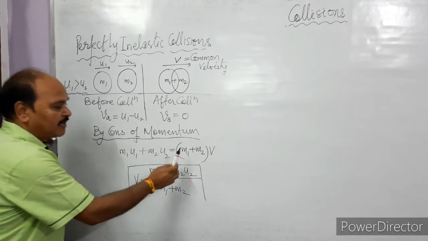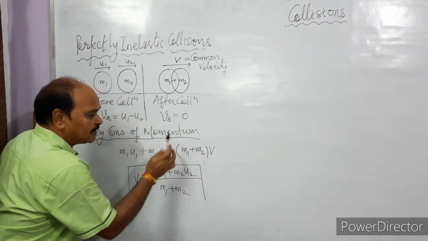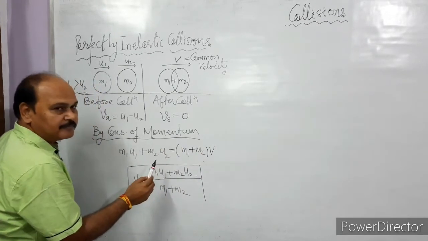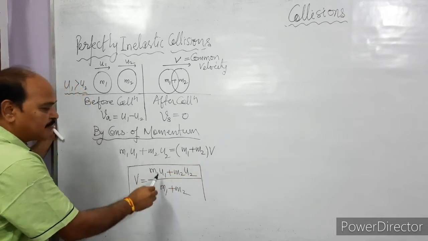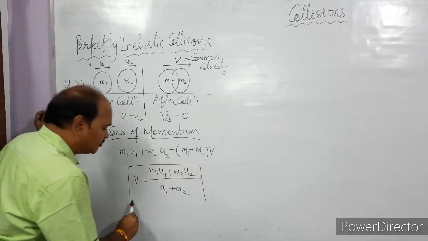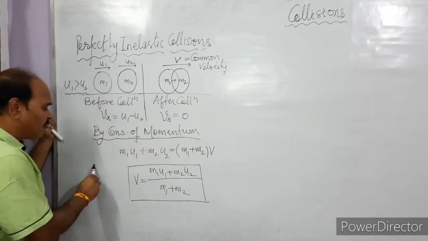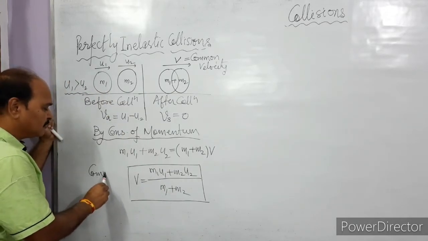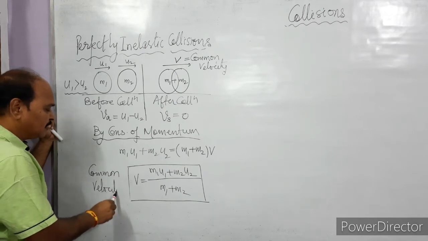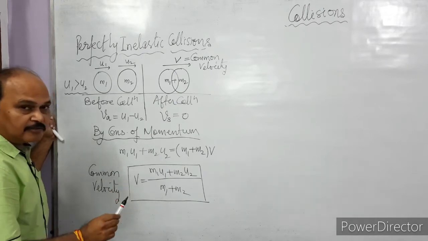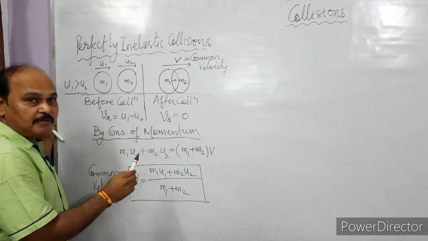This is the total final momentum, and this is the momentum before collision. So what is this v? This v is going to be (m1 u1 plus m2 u2) upon (m1 plus m2). This is your common velocity. Children, don't cram any formula. You must know the concept.